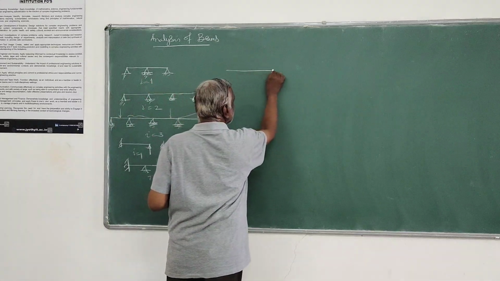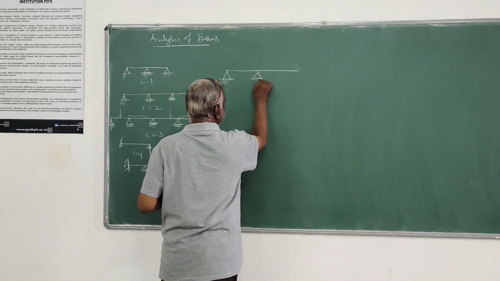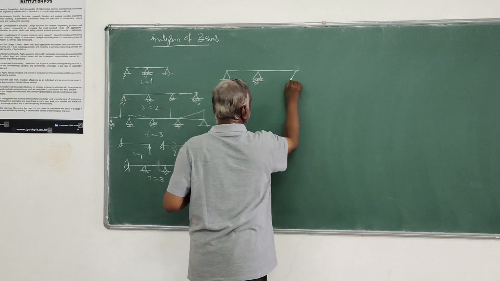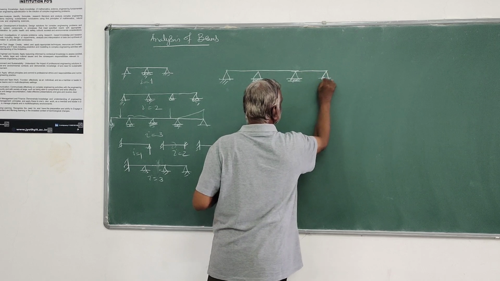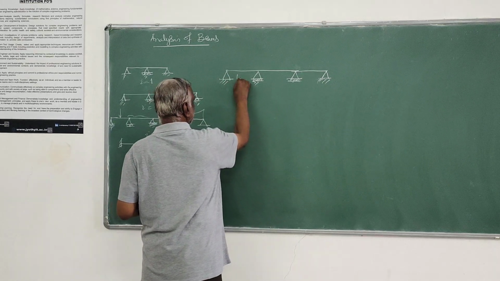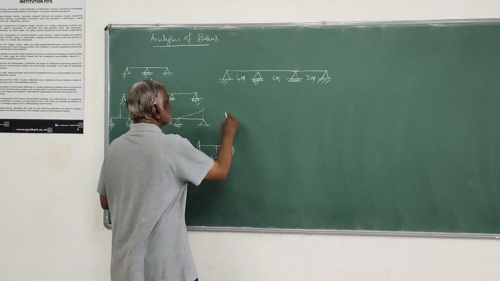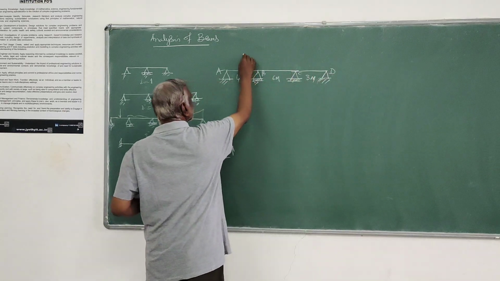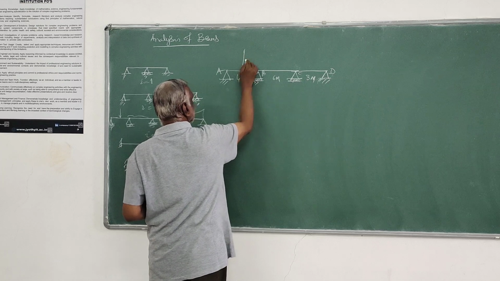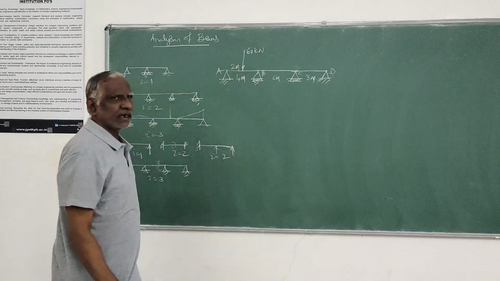So let us take a 3-span simply supported continuous beam like this. This span 4 meters, this 6 meters, 3 meters, A, B, C, D. Here you can take a central concentrated load of 60 kilonewtons at center.